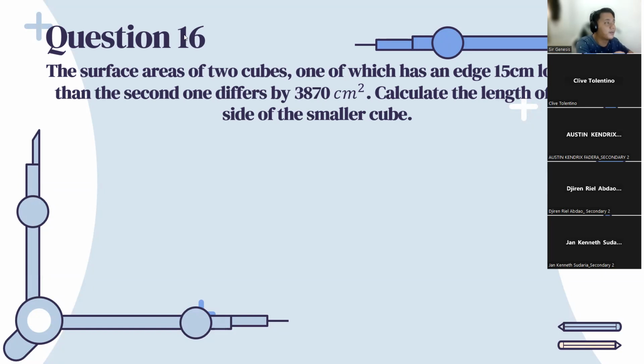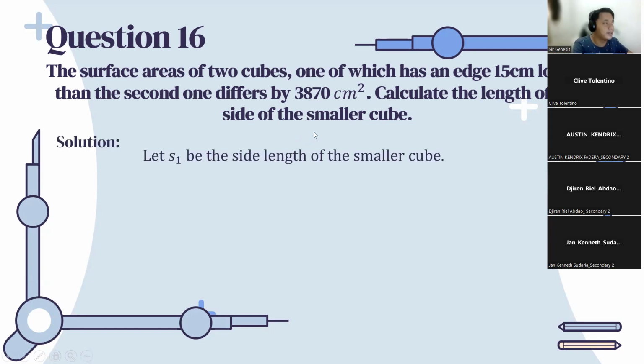Okay. So for this one, recalling the formula for the surface area of a cube, we have 6 multiplied by side squared, or 6 side squared. Since we are to subtract two surface areas, we can let one side length be s sub 1.